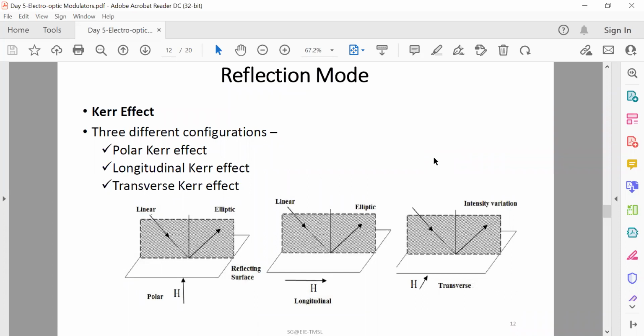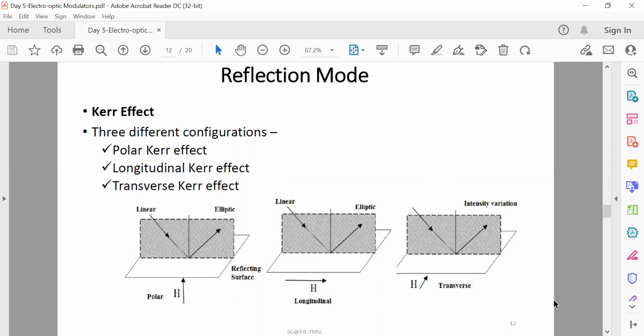There are three different configurations of light with respect to the magnetization in the sample: the polar Kerr effect, the longitudinal Kerr effect, and the transverse Kerr effect. All these diagrams have been given here, you can see them.